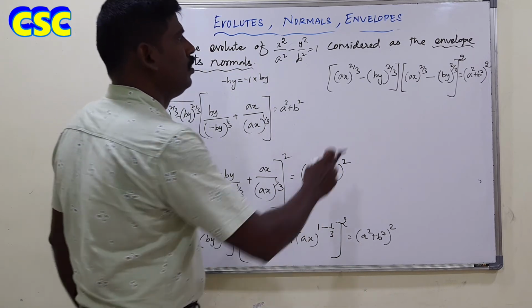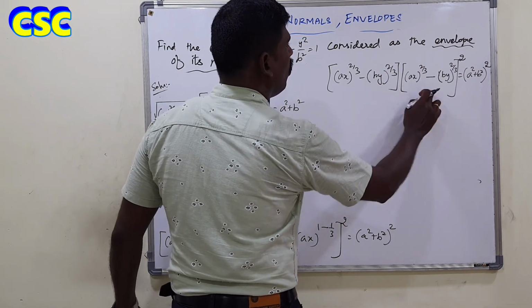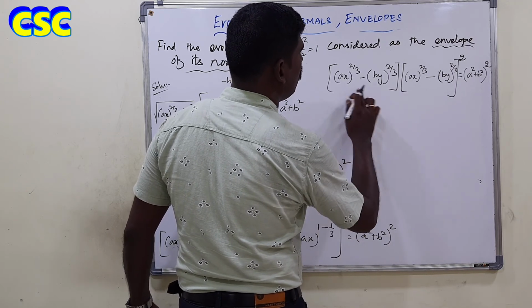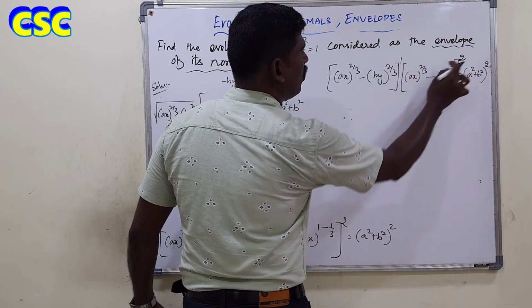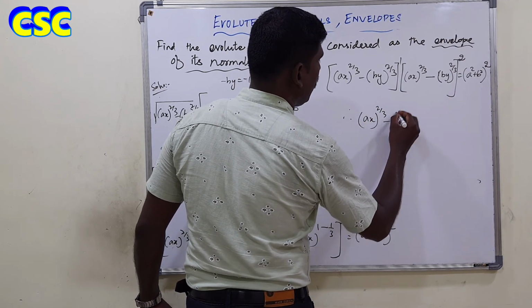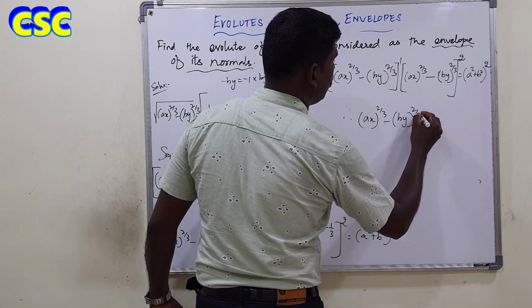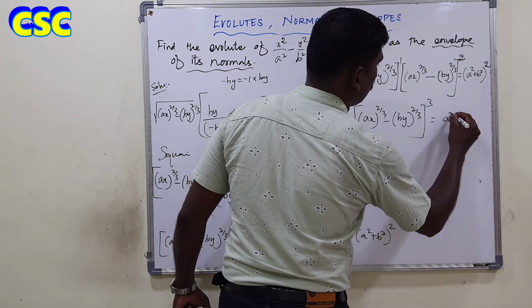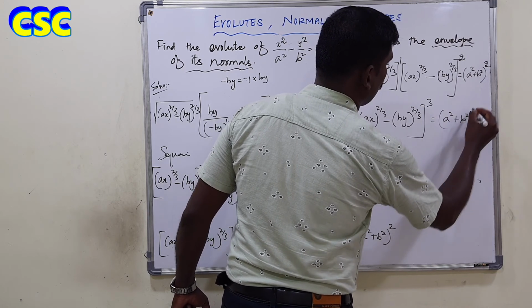Right. So this becomes cube, isn't it? Therefore, can we multiply these two? This is power 1, this is power 2. So ax power 2 by 3 minus by power 2 by 3, the whole cube is equal to a square plus b square the whole square.